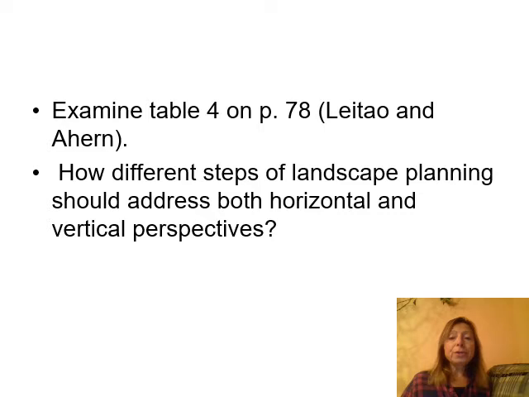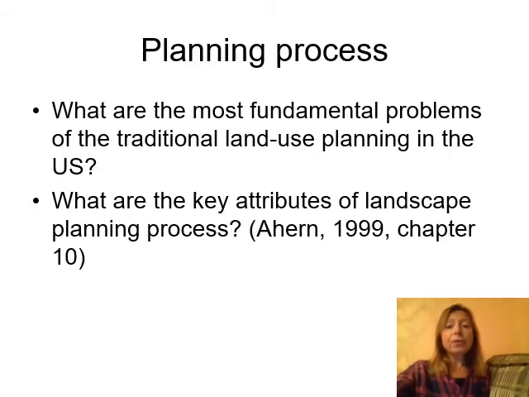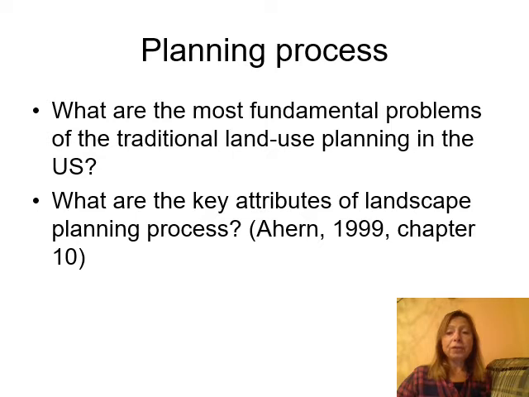Now, this is also a good opportunity to explore how different steps of landscape planning should address both horizontal and vertical perspectives, both chorological and topological perspectives, as it relates to your project objectives. So this is something more for your discussion and self-reflection.